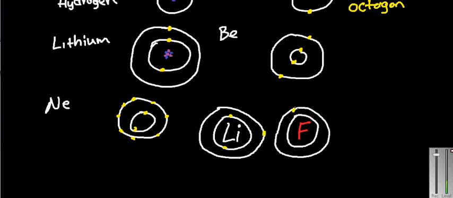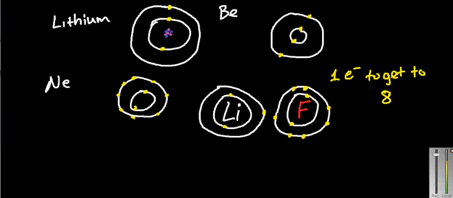And then you have your fluorine here, and fluorine, if we look on our periodic table, is the 7th element in its row, so it's going to have 7 electrons in this outermost shell. And the fluorine only has to have 1 more electron to get to 8. So it's so close to getting to this octet that it is very, very hungry for an electron.